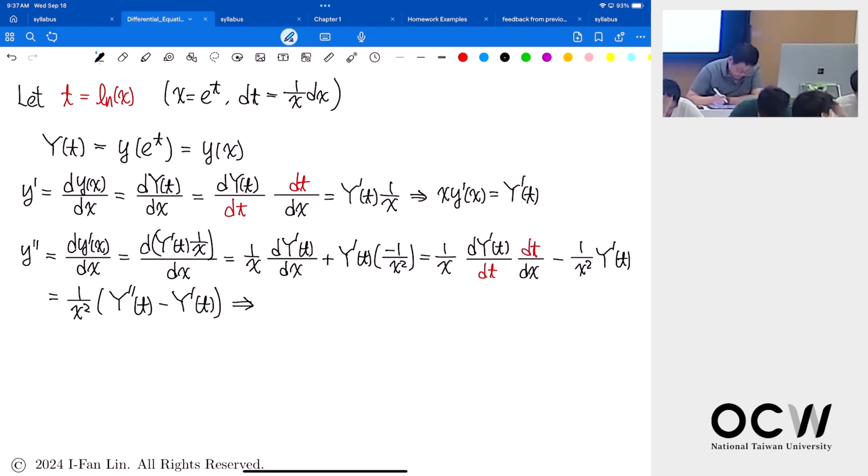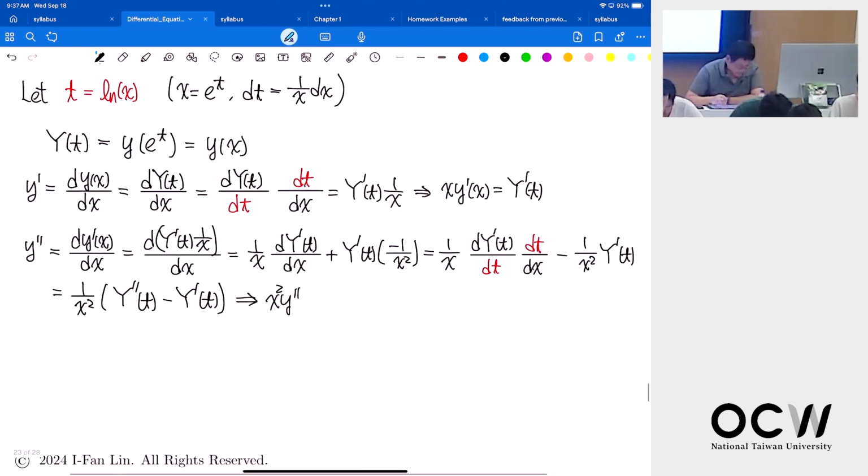Which means x squared y double prime is y double prime minus y prime.